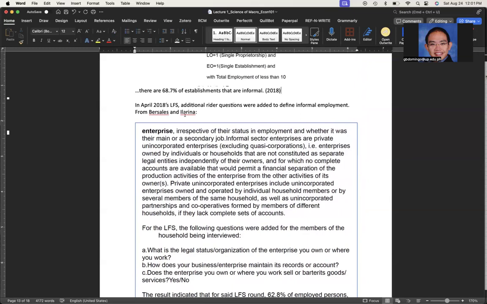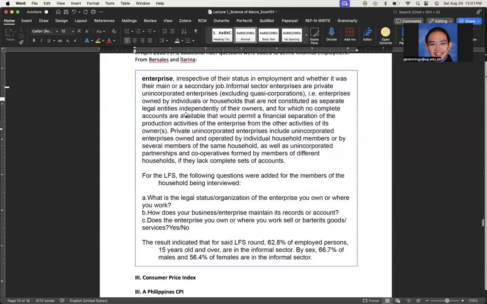This will be the number of establishments based on the list of establishments. These are the percent or share of persons. And while we recognize that most of these persons are probably single individual household members who run their own business but have no separate accounts for their own businesses, you can imagine small people who sell in sari-sari stores, people who sell door to door, small cooperatives, like a grouping of small families, for example, producing peanut butter or bagoong or something.